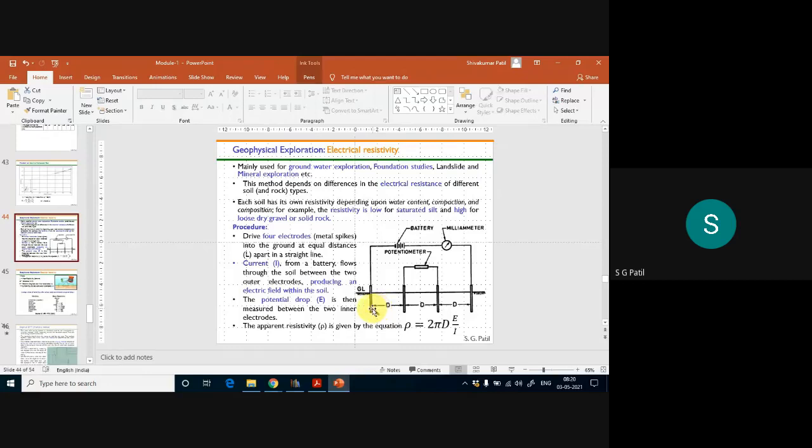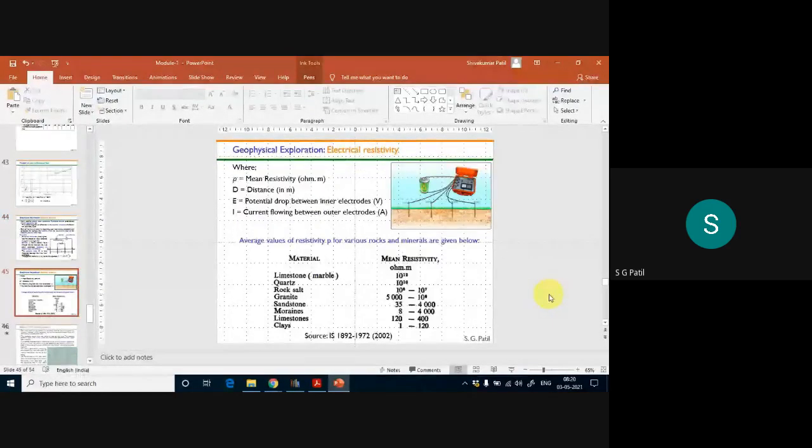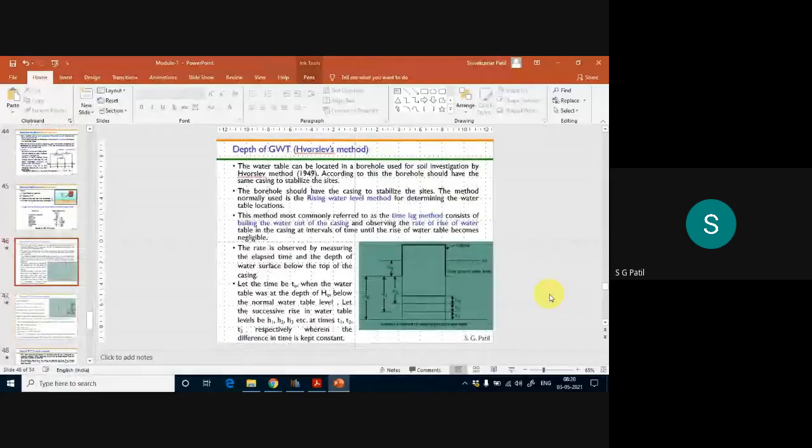Then I have to increase the spacing, and I can get the resistivity beyond that 5 meter depth also. Like that we have to keep on placing these rods far away from each other, so that I can penetrate to a larger depth and explore the soil for a larger depth. So this thing also we have seen.